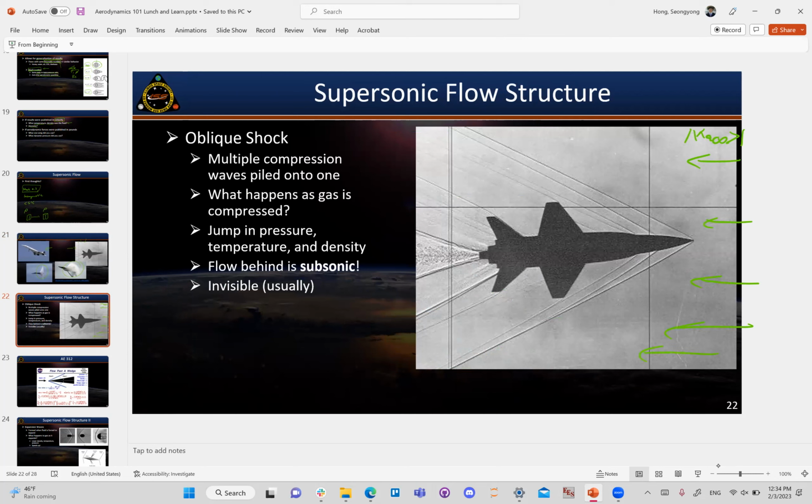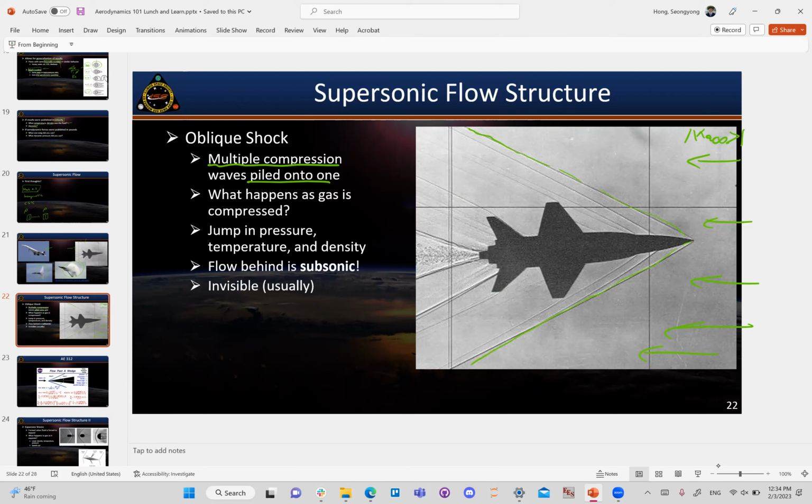Let's say something is moving through the air subsonically, then the air can get out of its way, because the information that your hand is coming travels forward at the speed of sound, and it alerts the air in front of you: hey, the hand's coming, move out of the way. But in a supersonic flow, you can't do that. So all those compression waves get compressed into a really thin layer. Multiple compression waves compound into one really thin layer. You can see this layer right here, and that is called a shock wave.